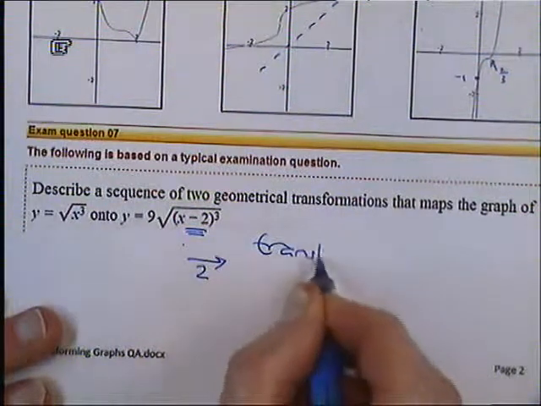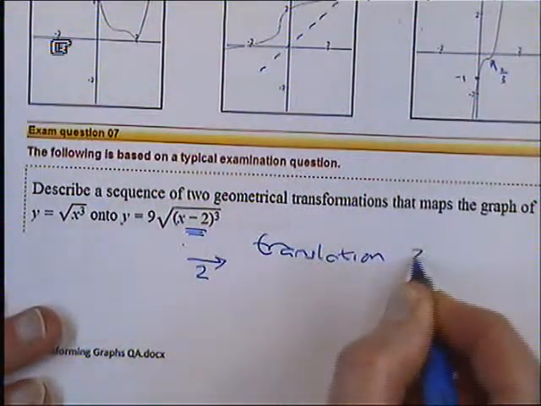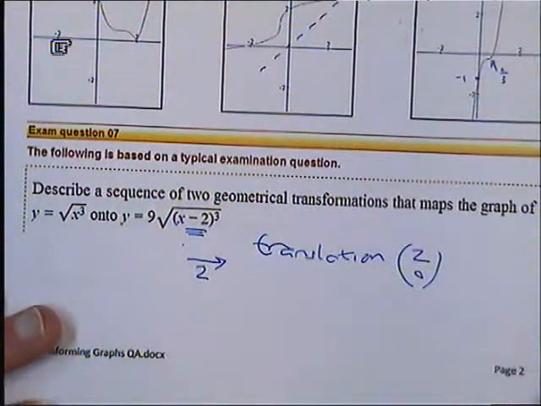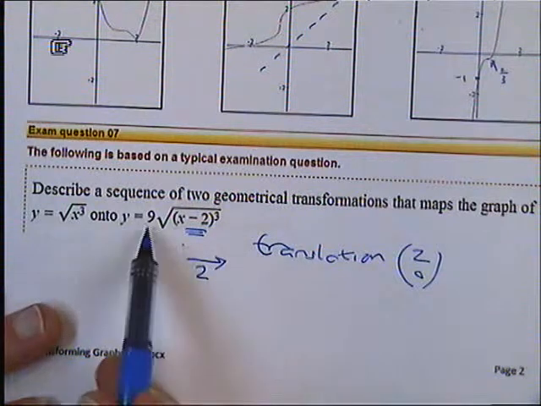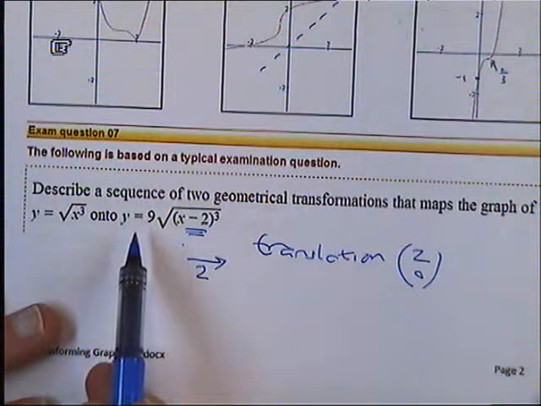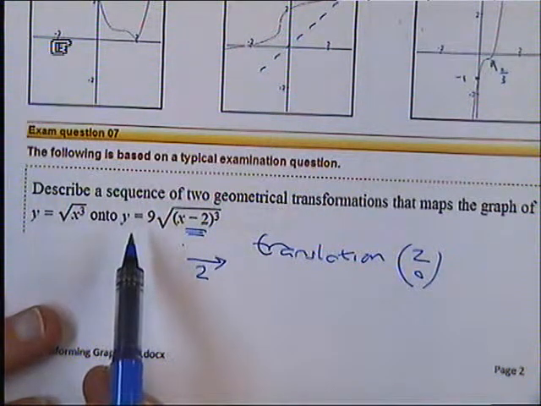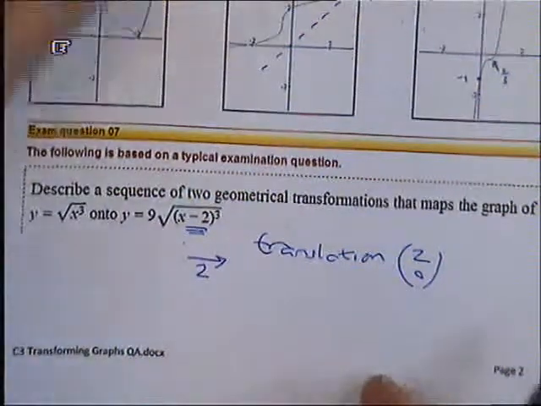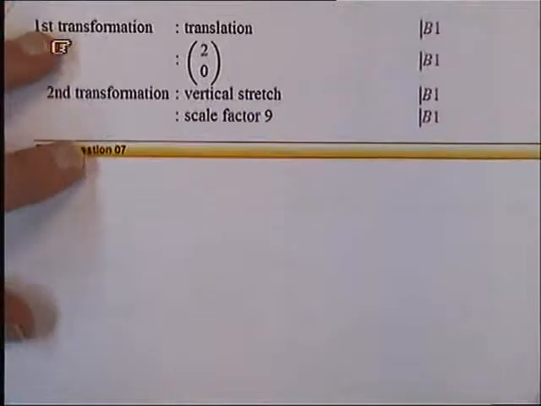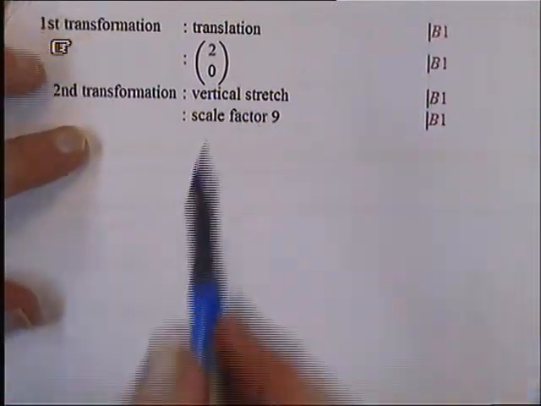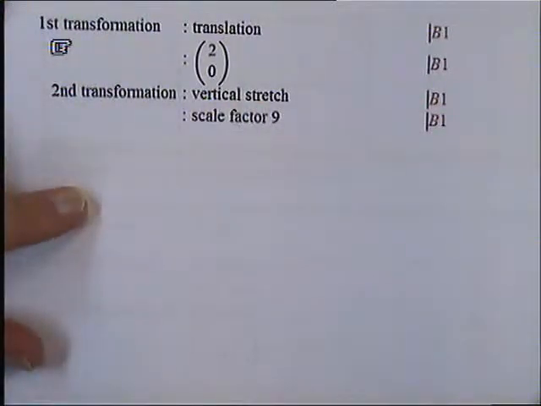Translation. (2, 0). Okay? Then what's happened? Stretch of 9 parallel to the y-axis. Yeah, that's right. So there we go. That was just a mark scheme for that one. Actually, they did say vertical stretch. Sometimes they do say parallel to. So either seems to be okay.